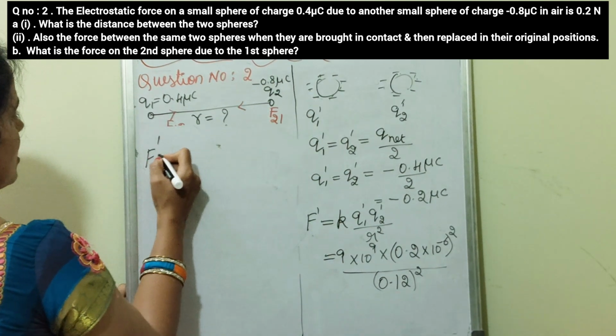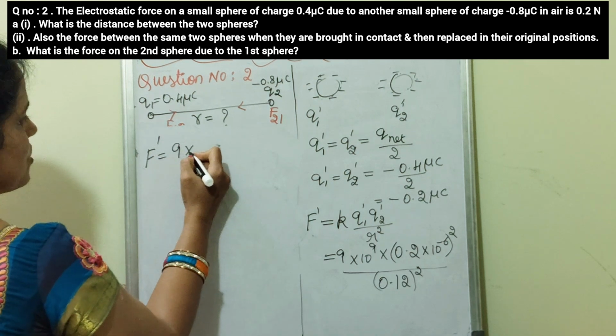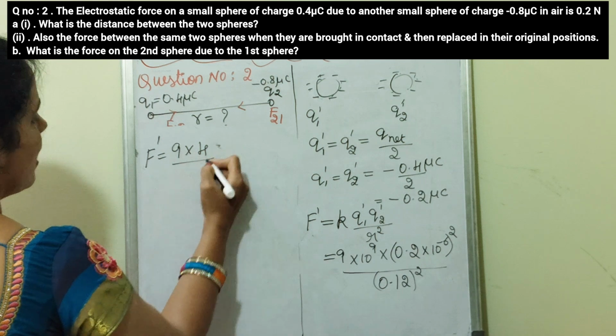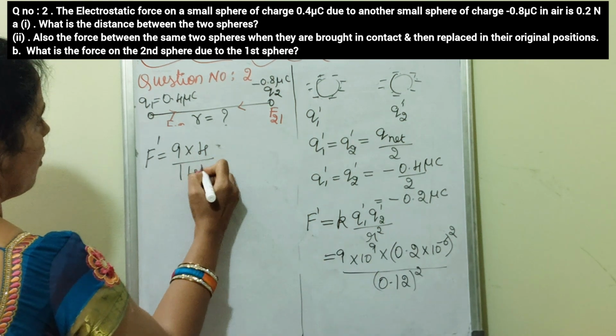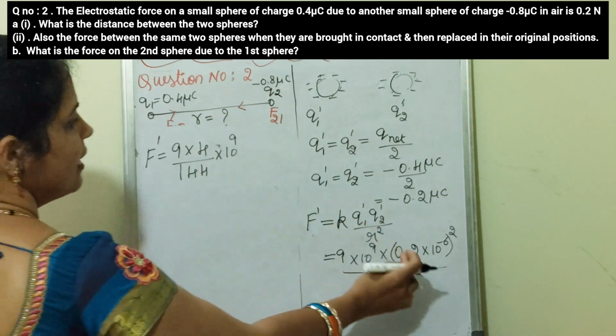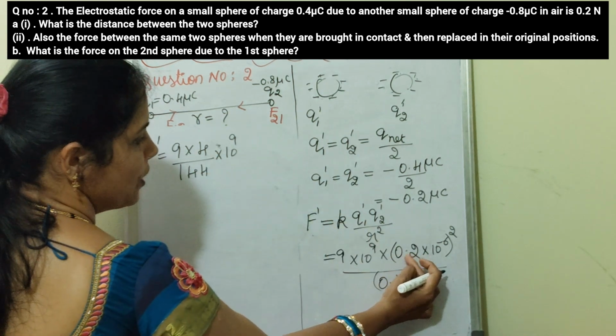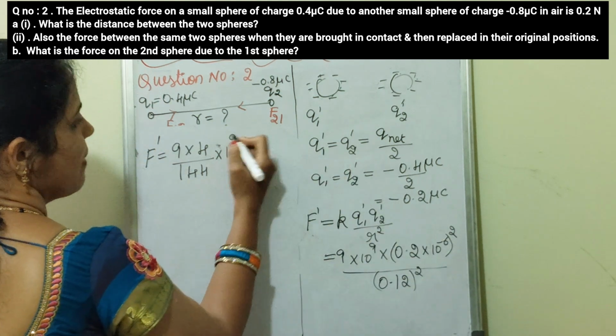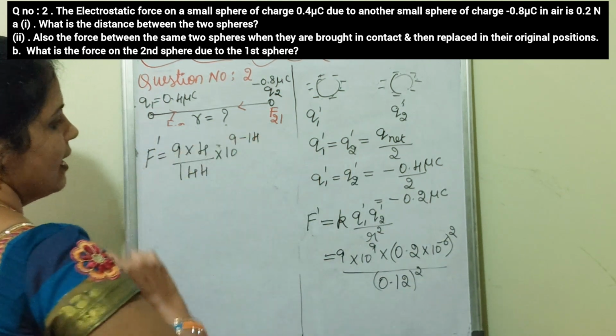F dash is equal to 9 into 2 square. 2 square is 4, divided by 12 square, which is 144, and the power is 10 to the power 9. Here 0.2 is 2 into 10 to the power minus 1, with the minus 6 it is minus 7, square is minus 14.